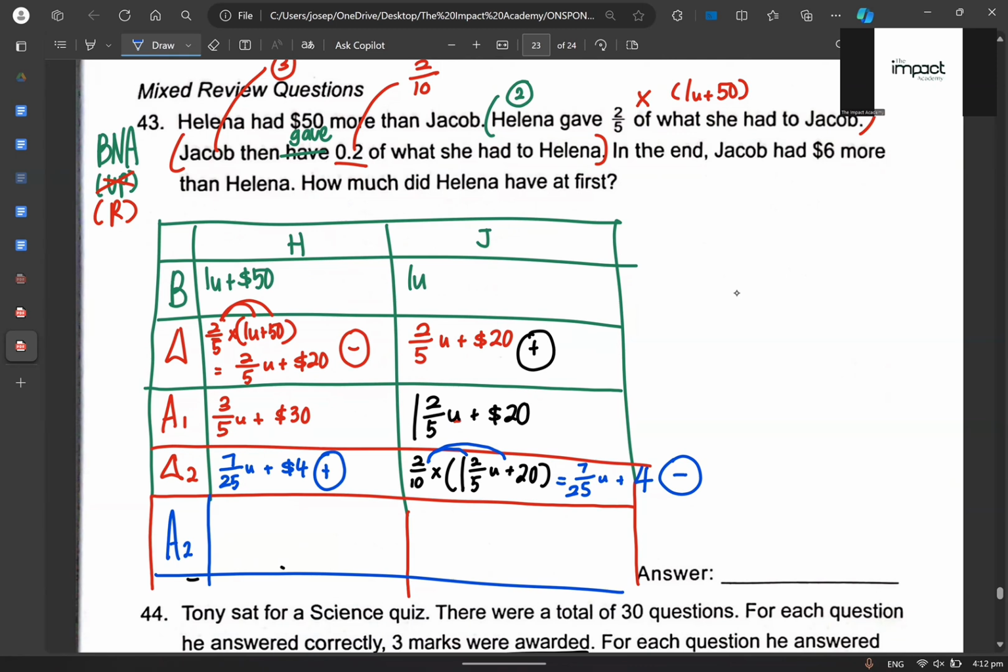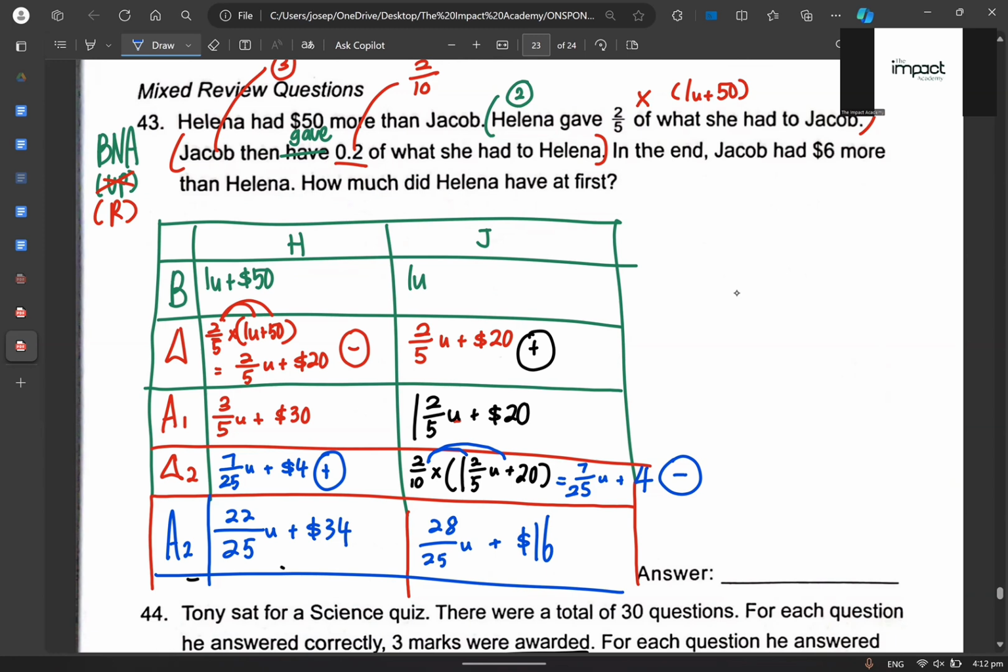Remember guys, you must put the add sign over there, otherwise you're going to get so confused. 1 2/5 minus 7/25, we get 28/25 units, and then 20 minus 4, we get $16. Is this something that you can understand?